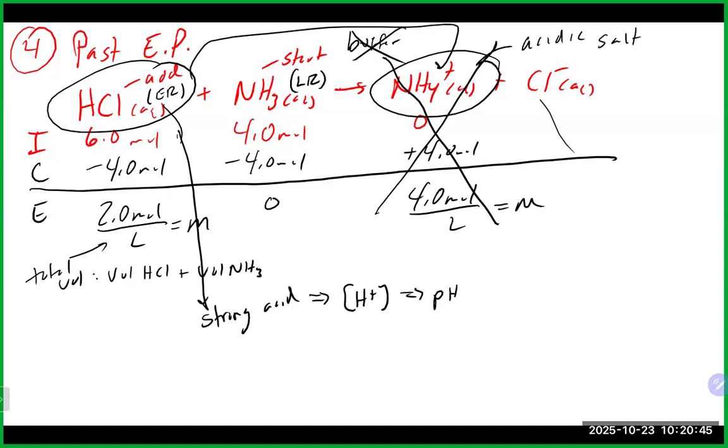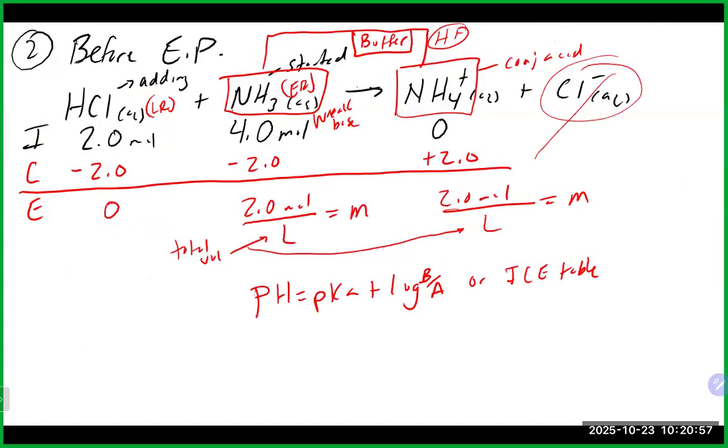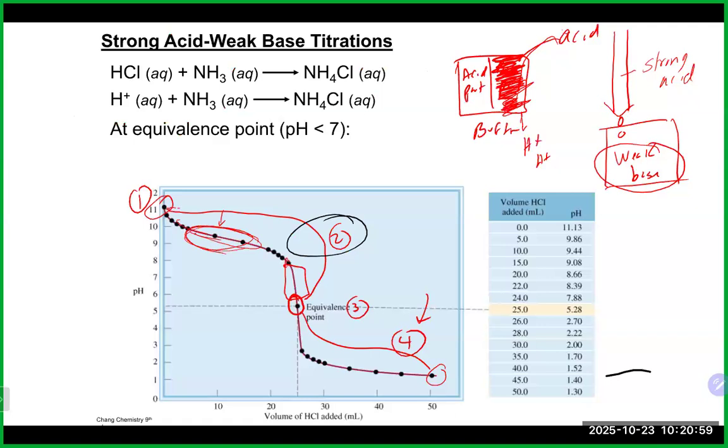We would expect it to be pretty acidic, because you're dropping H plus into that solution really quickly, and we would expect a big drop in the pH. If we look at the diagram, as soon as you hit that equivalence point, you see that big drop in pH. That's because you're continuously influxing a bunch of free H plus. You're adding acid, and there's no more base to react with it.